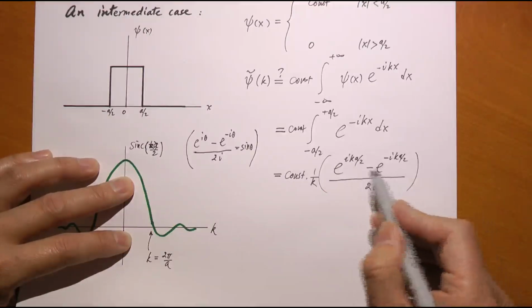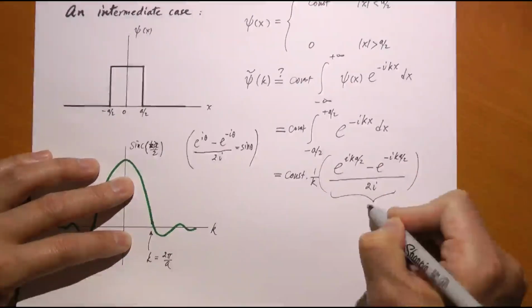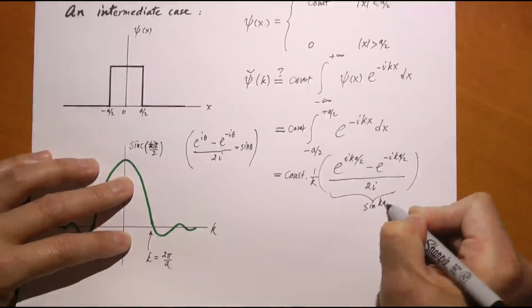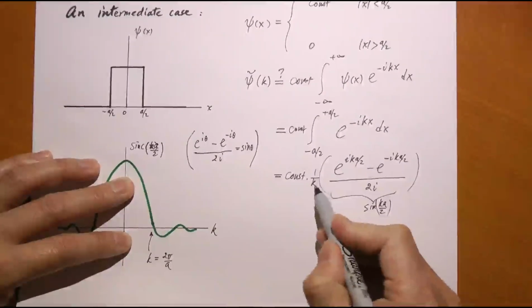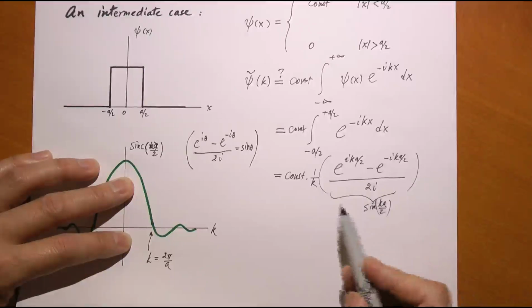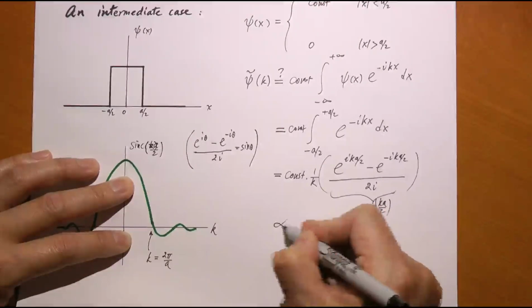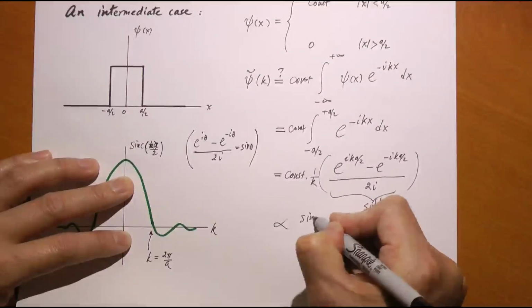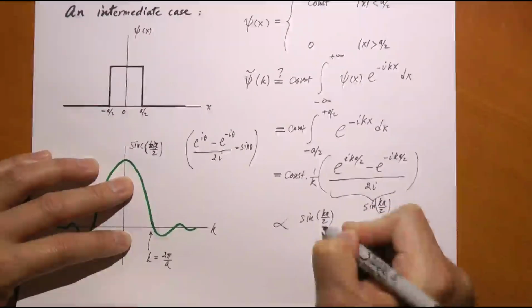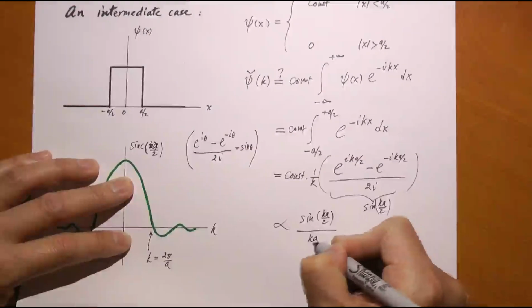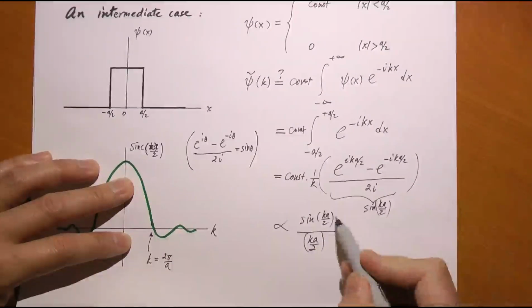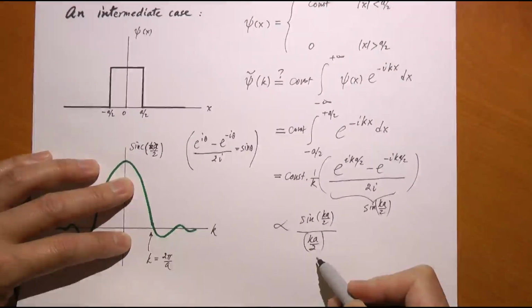So this whole thing is just sine of ka over 2. Don't forget to divide by k, okay? And I can add a over 2 and put the rest of the constants over, so it's proportional to sine of ka over 2 divided by ka over 2. So you have a sine angle divided by the angle itself.